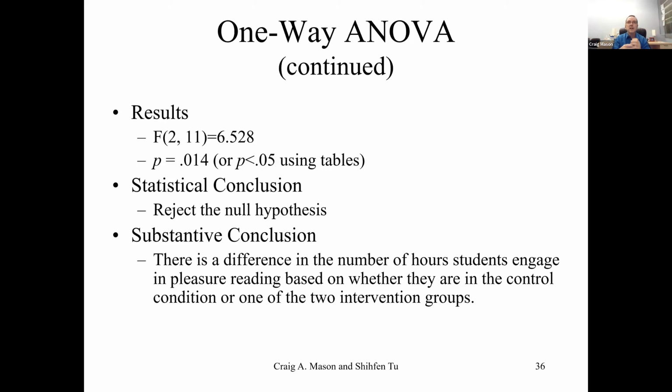Now, that may seem, and this is part of the reason why, well, anyway, because you don't know which ones are different, it's kind of one of the more frustrating limitations of an ANOVA all on its own, because inevitably people want to know which ones are different.